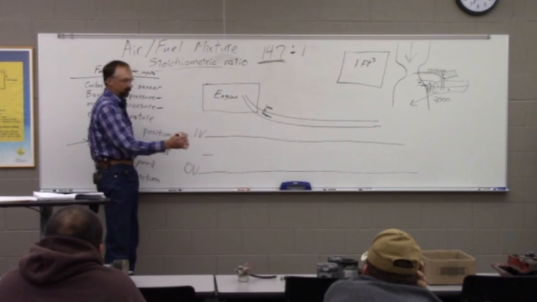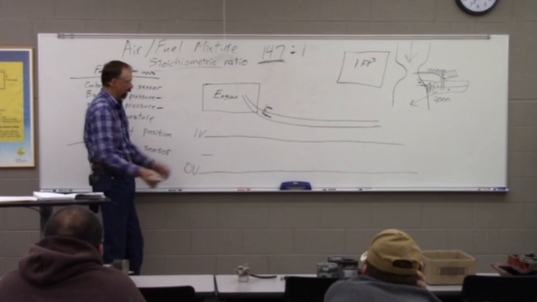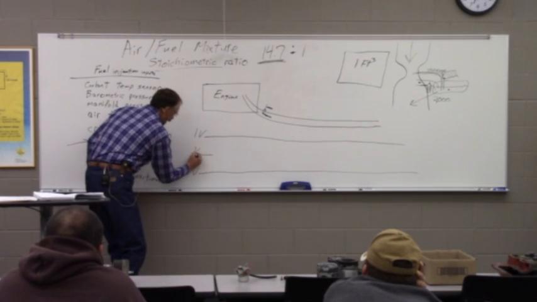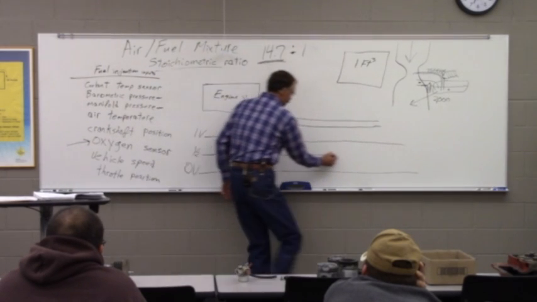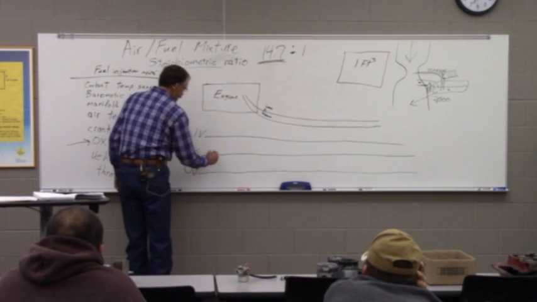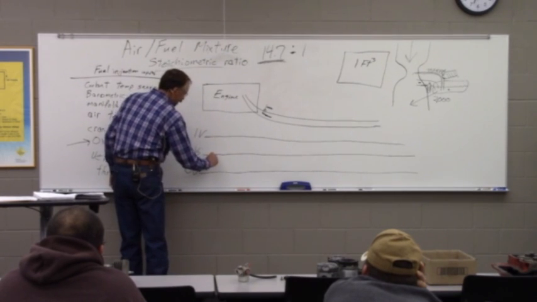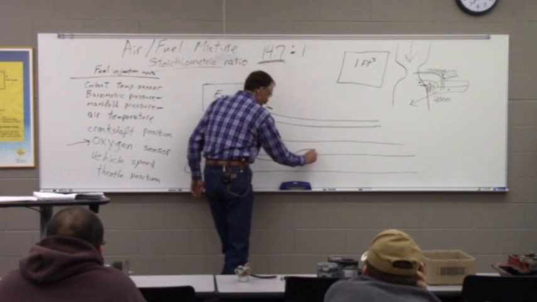It's like 0.45 something, but for practical purposes, we're going to say half a volt. So if that's our line down the middle here, in an engine that's working well, you'll actually see this do a wave, and it'll come up above that a little and down below it a little.